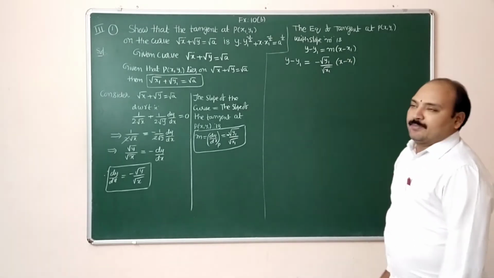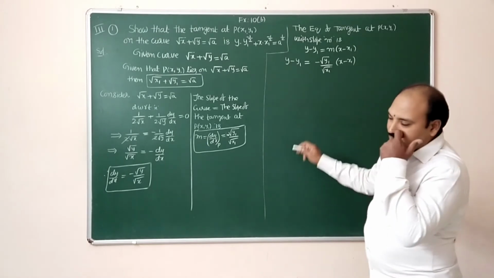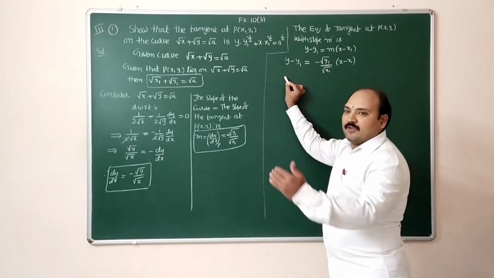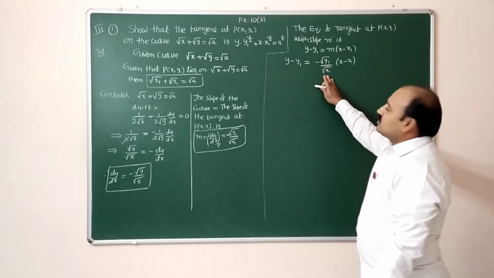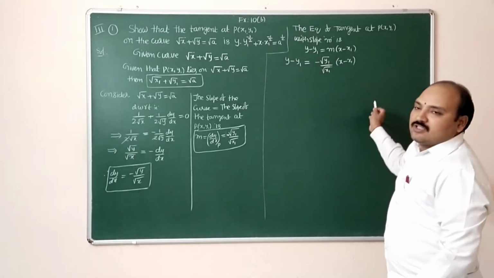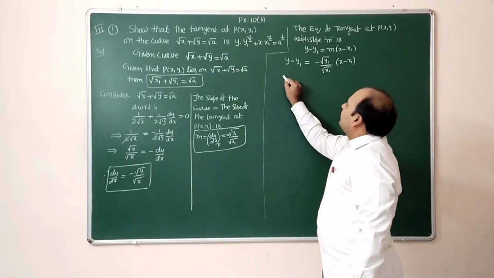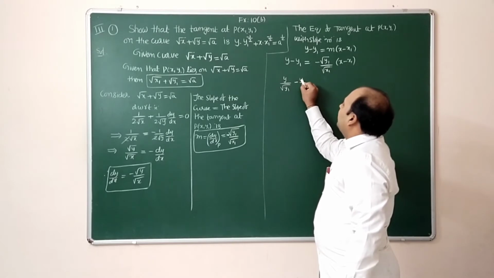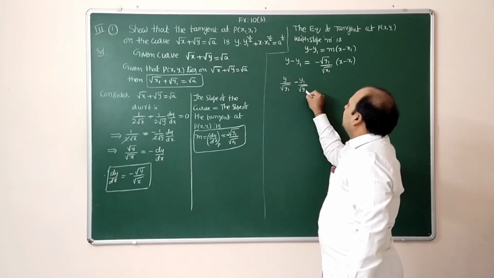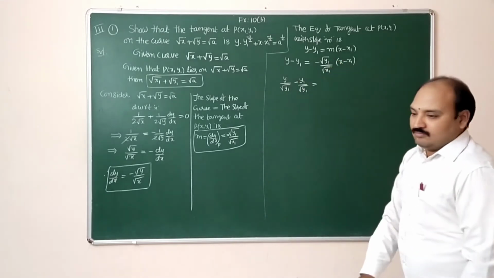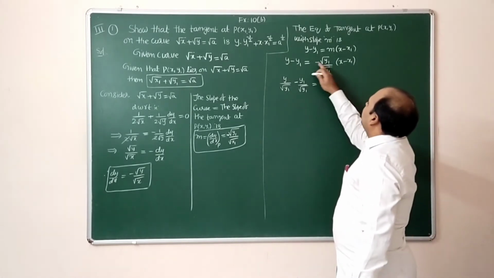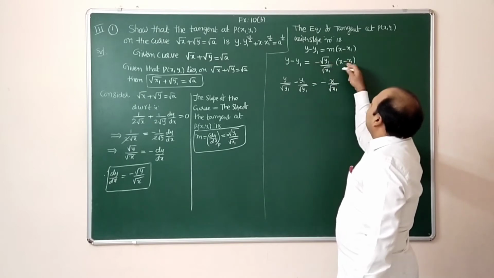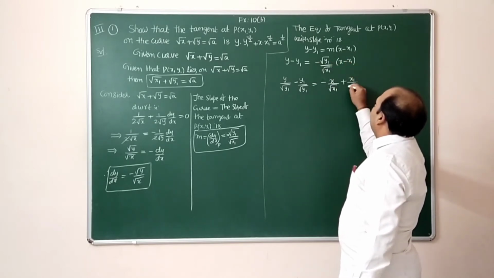After reaching this step, from this, root y1 we take into the denominator of the LHS, and root x1 is in the denominator, multiplying with the RHS in the denominator. So y divided by root y1 minus y1 divided by root y1, I am taking only root y1, equals minus x divided by root x1, minus into minus is plus x1 divided by root x1.